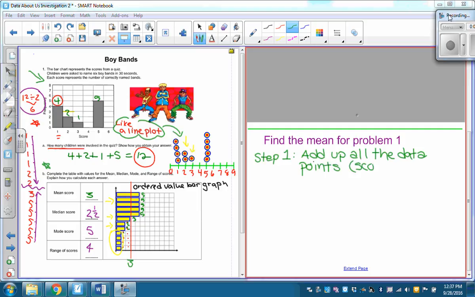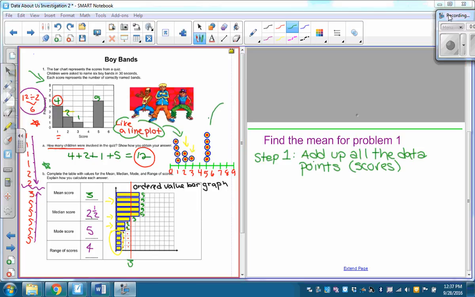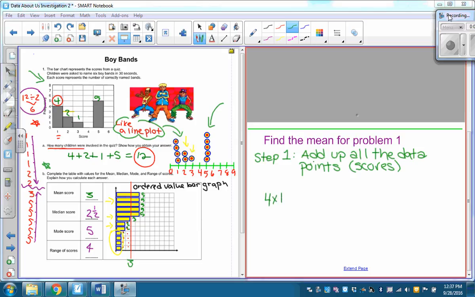And so if you look at what he did, we know from this line plot there's 4 ones. So 4 ones. And we're going to add that to, how many 2's are there? 2 2's. And then there's 1 3.